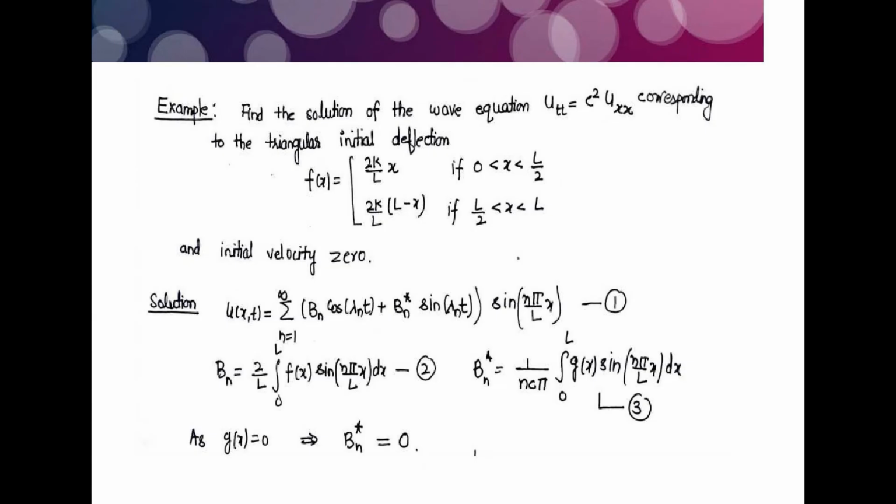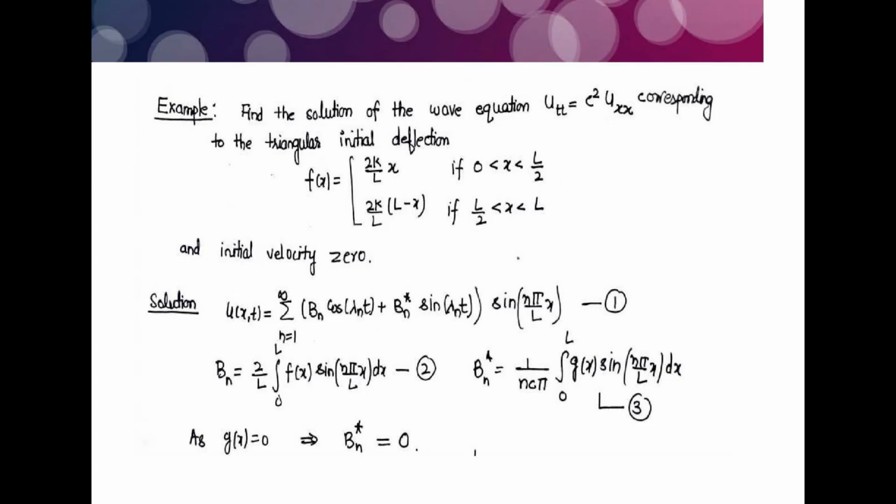The deflection u x t is given by summation over n from 1 to infinity of Bn cos of lambda n t plus Bn star sine of lambda n t, into sine n pi over L x, with the coefficients Bn given by equation number 2, that is 2 by L integration from 0 to capital L f of x sine n pi over L x dx, and Bn star is given by 1 upon n c pi integration from 0 to L g of x sine of n pi over L x dx, that is equation number 3.